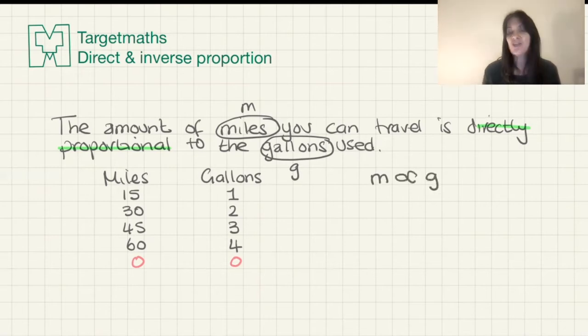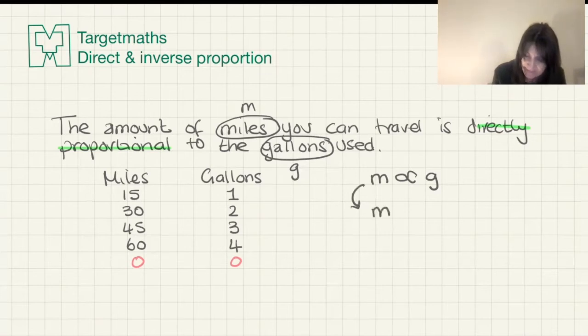So that's a shorthand way of representing the sentence that we have been given, which is what we tend to do in maths. We're very lazy and we are not going to read and work in sentences when we can read and work in symbols. So that is our direct proportion symbol that we're going to use. That leads us to the equation.